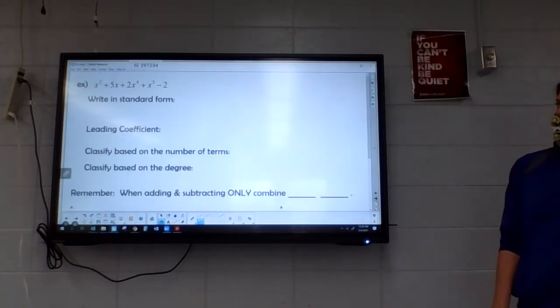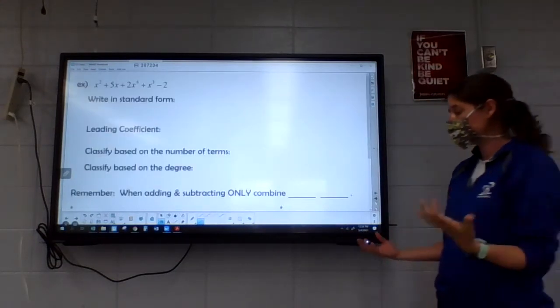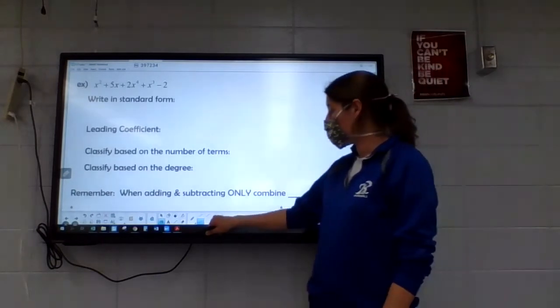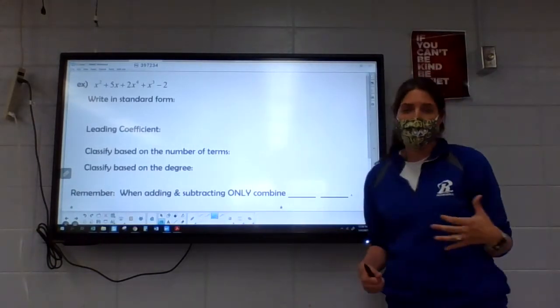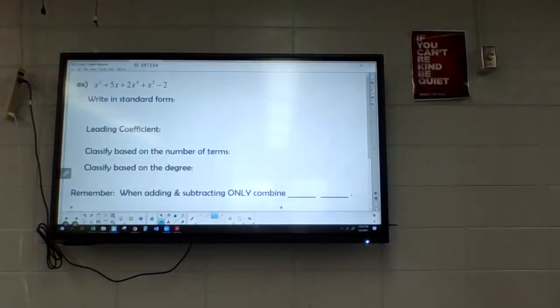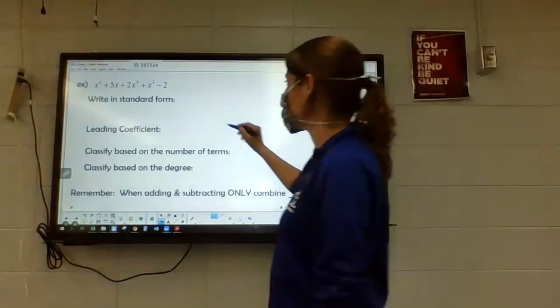All right. So first of all, standard form, something we haven't talked about much with variables here. Standard form is basically writing it so everybody's looks the same. The standard notation is we want to write it from the highest power down to the lowest power.